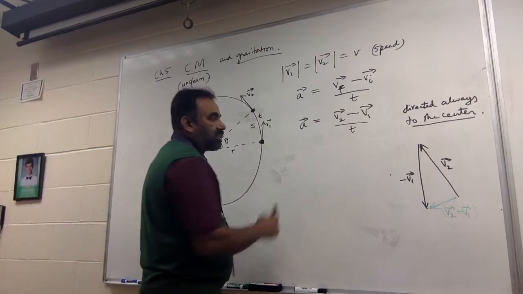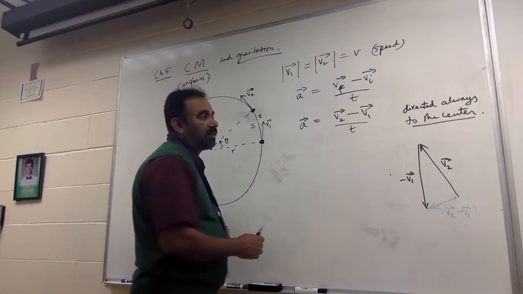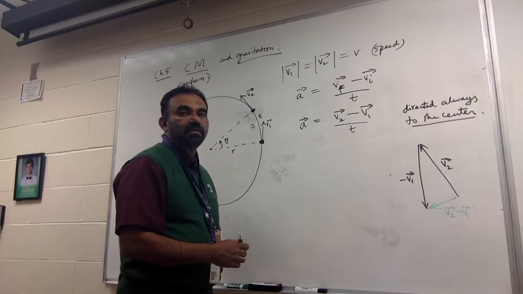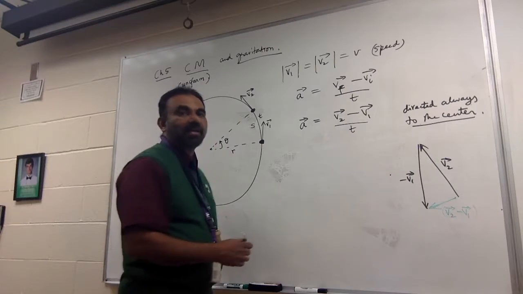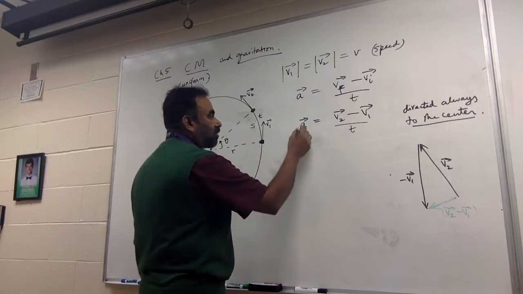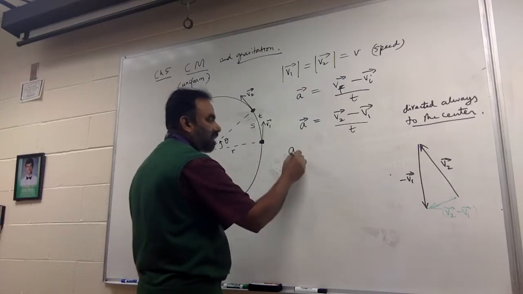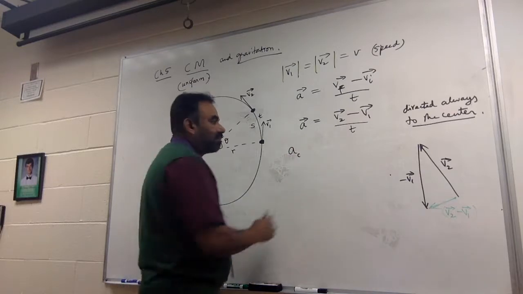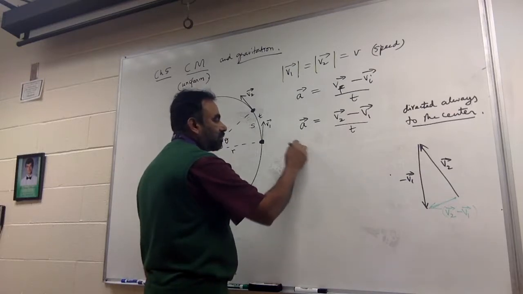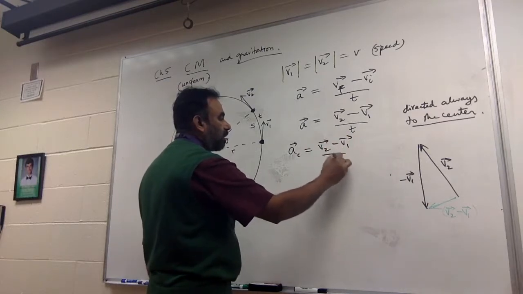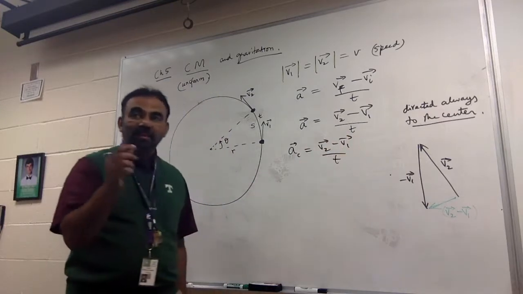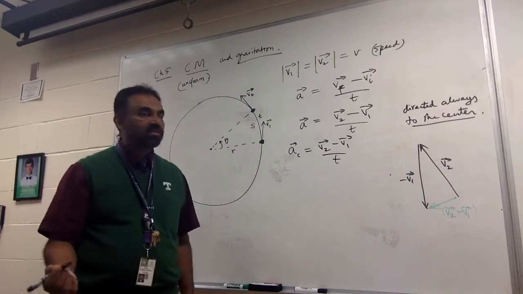And that acceleration is called, anyone knows it? Centripetal acceleration. Correct. So the acceleration is called centripetal acceleration. Some books write it as a_c. So it's v2 minus v1 over time. And some books write it as a_r, radial acceleration, the same thing.